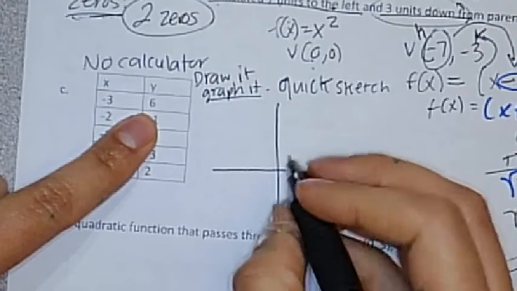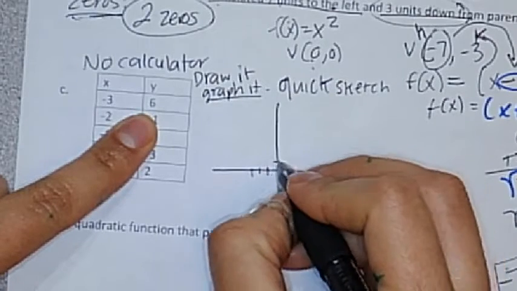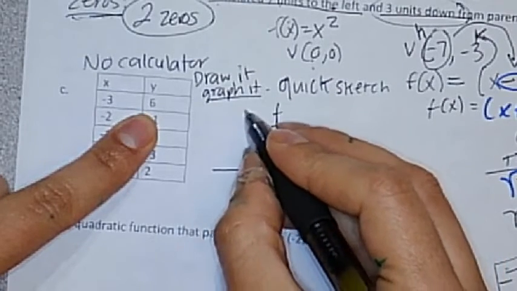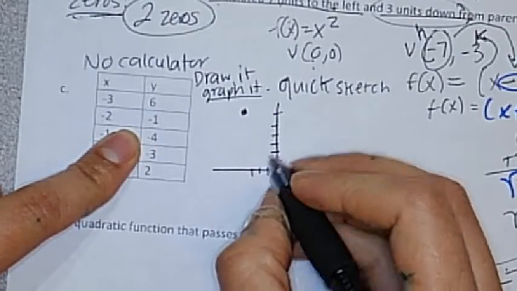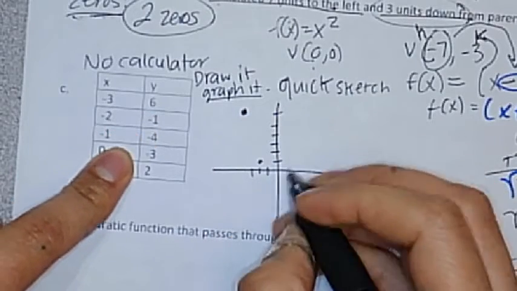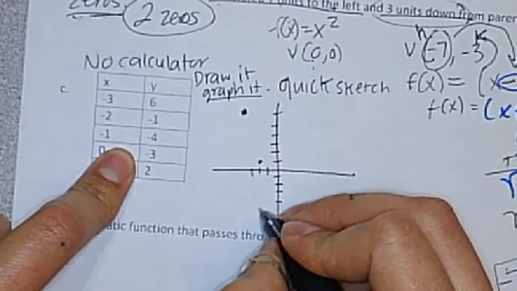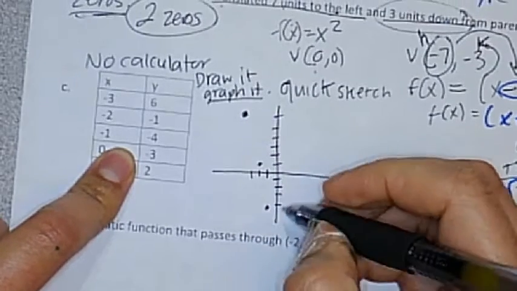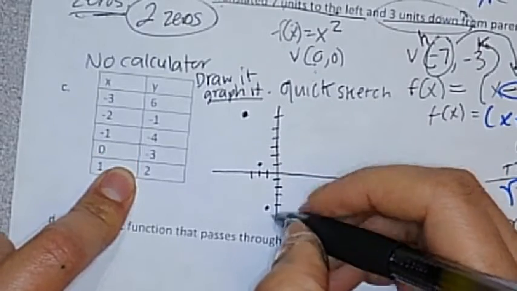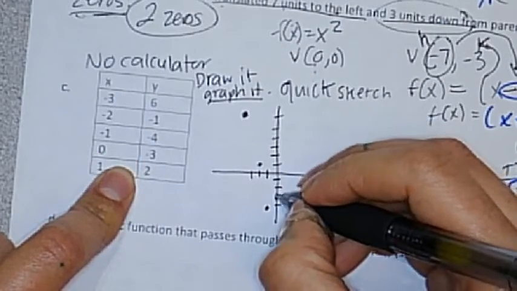Negative 3, 6 would be somewhere here. Negative 2, 1 would be somewhere here. Negative 1, negative 4 would be somewhere here. And then 0, negative 3 would be somewhere here.